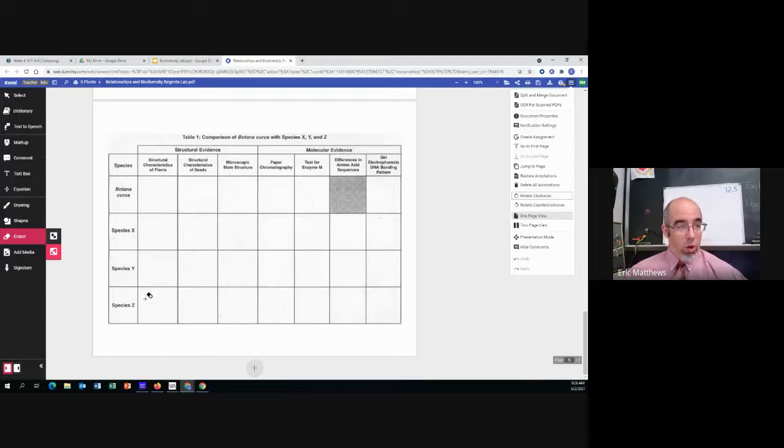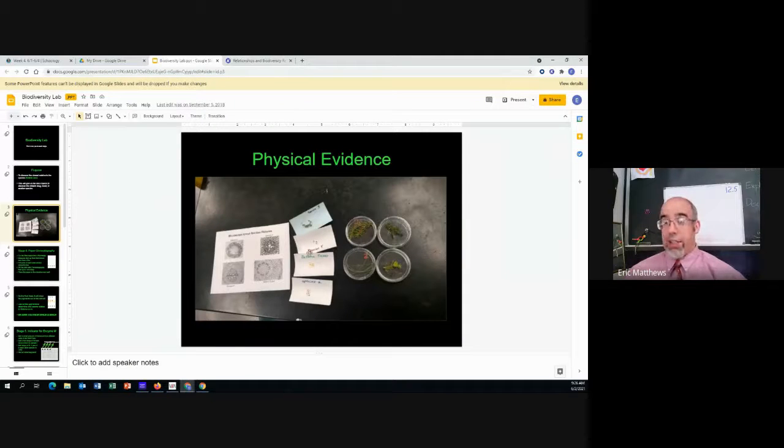So right in this area for the structural characteristic of plants, the structural characteristic of seeds, and the microscopic stem structure, we will be filling in today, and we'll be comparing each of these against each other.